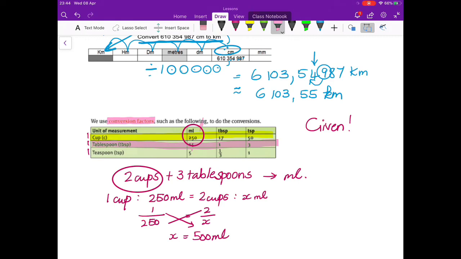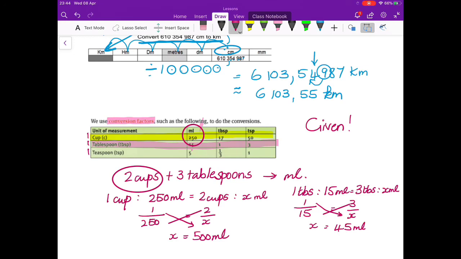So I have 1 tablespoon to 15 milliliters equals 3 tablespoons to X milliliters. 1 over 15 in fraction form equals 3 over X. Cross multiply: 1 times X is X, equals 15 times 3, which is 45 milliliters.